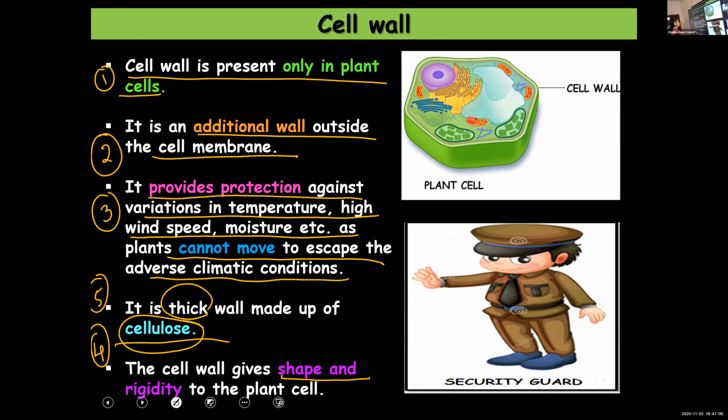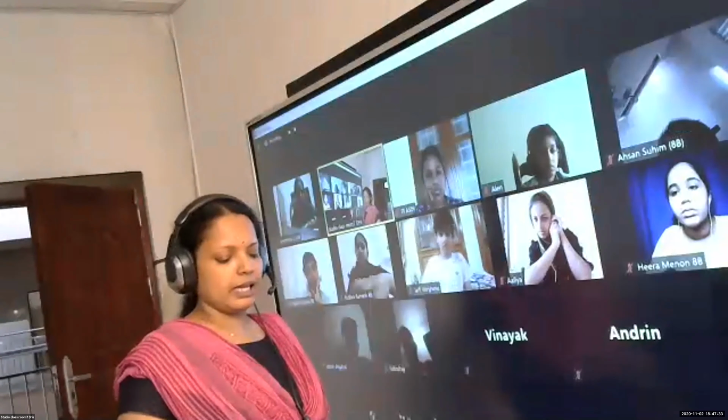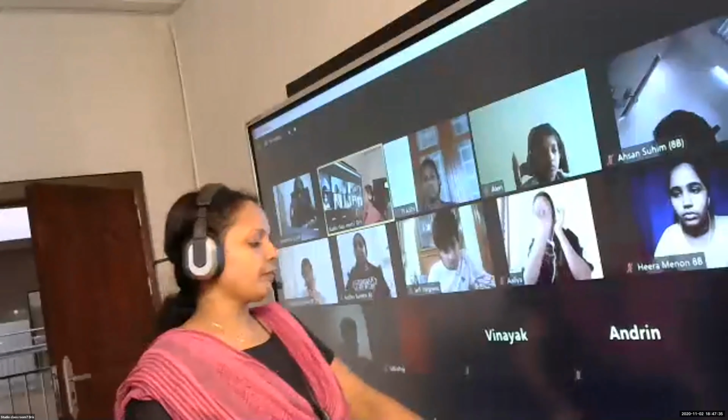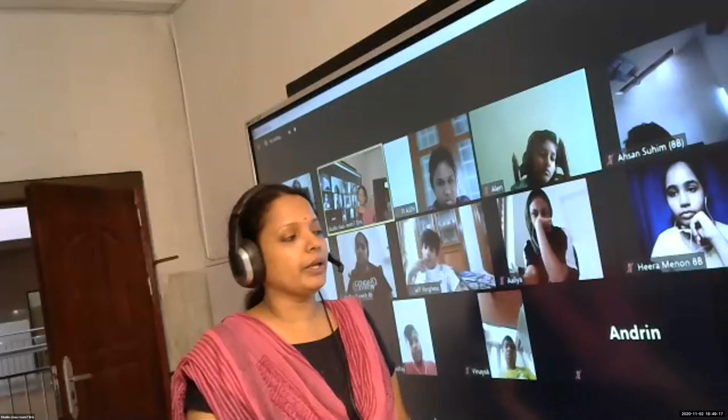From fluctuations in temperature, high wind speed, moisture, or in general when the environmental conditions become harsh, plants cannot escape because they are not capable of moving. So cell wall gives them the protection. It's very thick and made of cellulose, and it gives shape and rigidity to the plant cells. Okay, quickly summarize the points now.